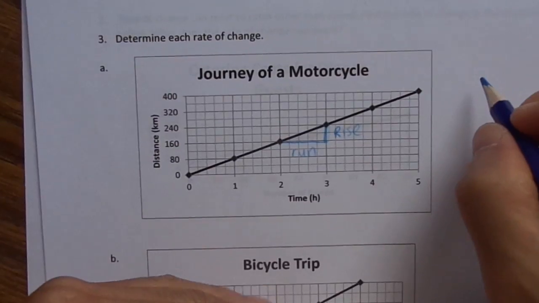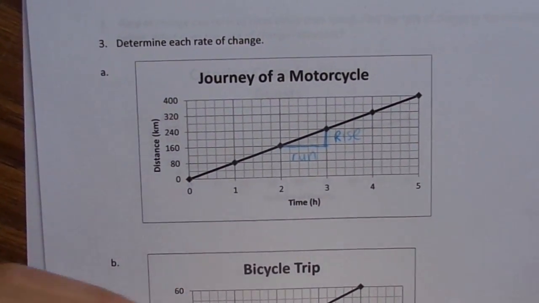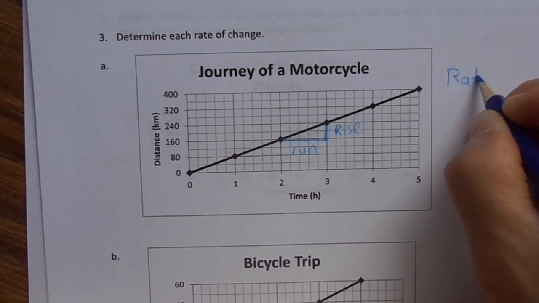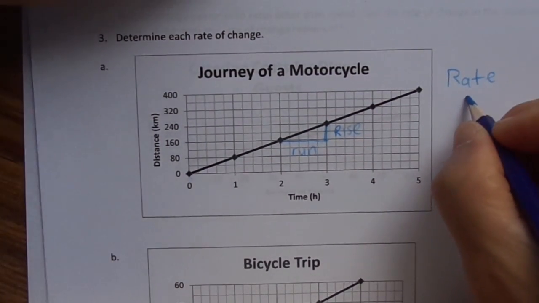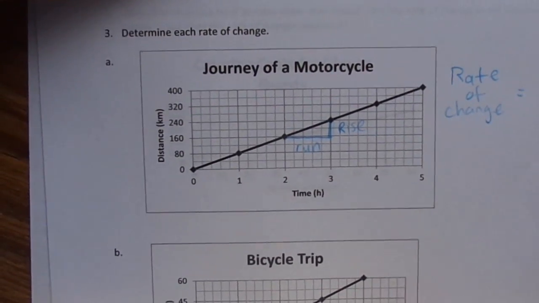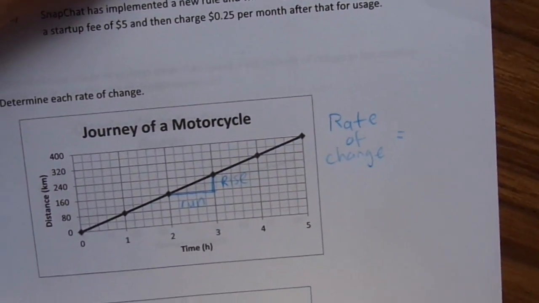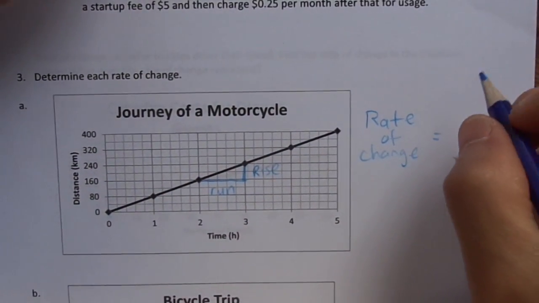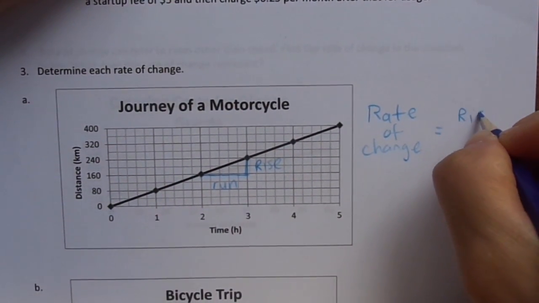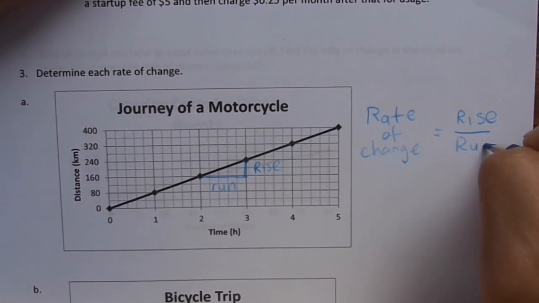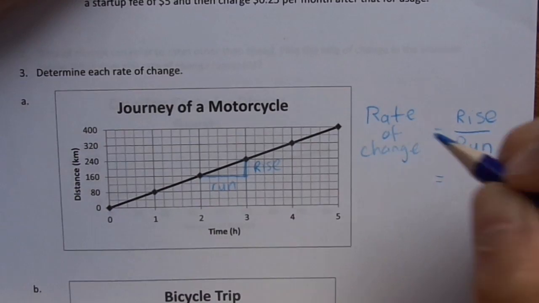Okay, so the rate of change is equal to rise over run. So what's the rise?